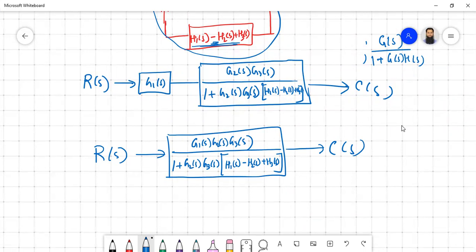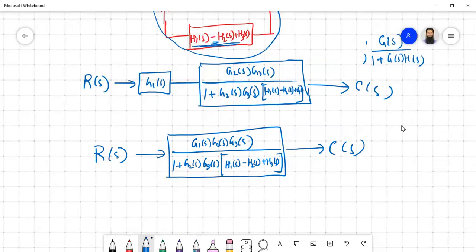This is how, if you have multiple blocks or multiple interconnected subsystems, we have to apply those three forms that we have learned in this class: one is cascade, then parallel, or feedback. You use those three forms to transform all these blocks into a single transfer function.